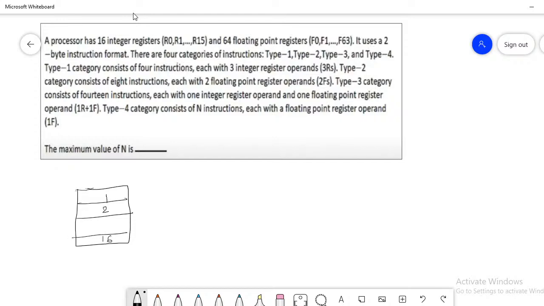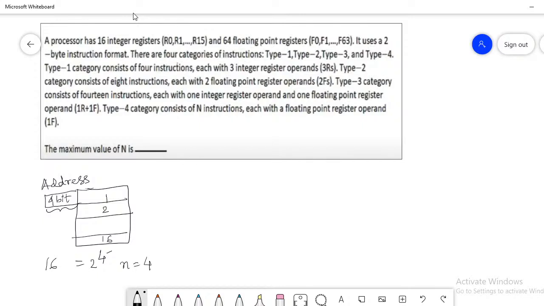Each address, 16 should be written as 2 to the power 4. So if you see the address field, each address field will contain 4 bits, because this n is basically 4 here. Okay, so this is the thing.